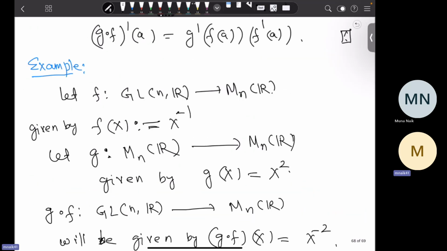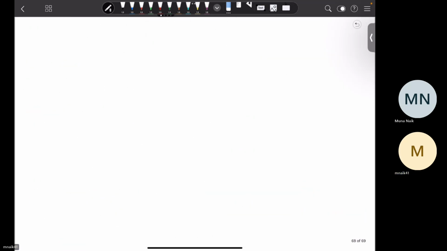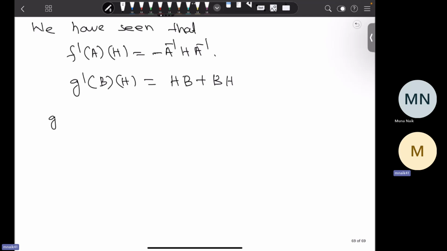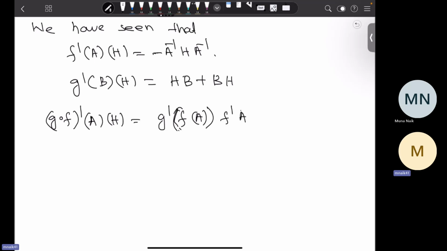Now this G composition f, or G composition of f, prime at a in the direction h will be what? G prime of f of a composition f prime of a, h.